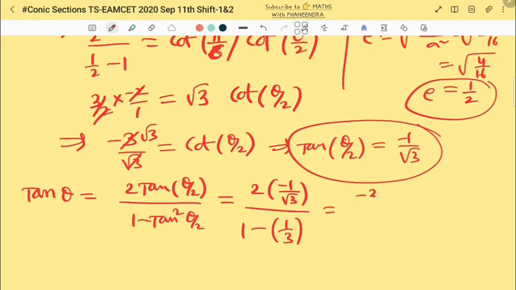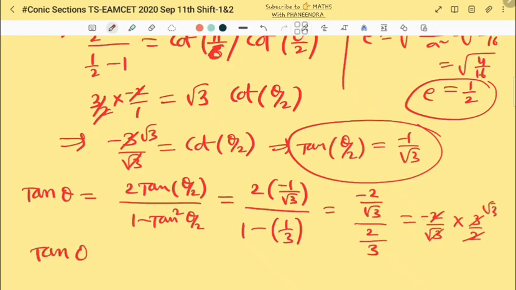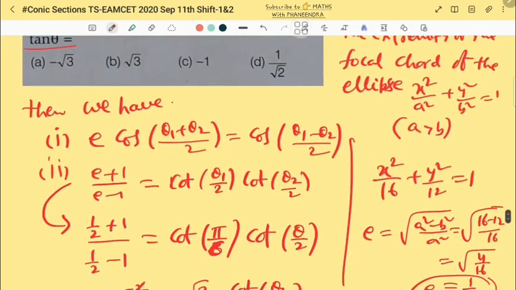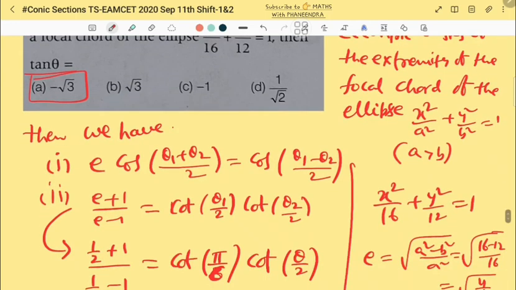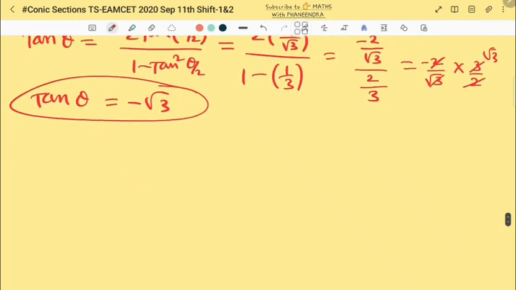So minus 2 by root 3, by 3 minus 1 is 2, 2 by 3, which is equal to minus 2 by root 3 into 3 by 2, 2 gets cancelled, root 3 times root 3. So therefore tan theta equal to minus root 3. It is there in the first option, dear students. I hope you understand. We'll move on to the next question.